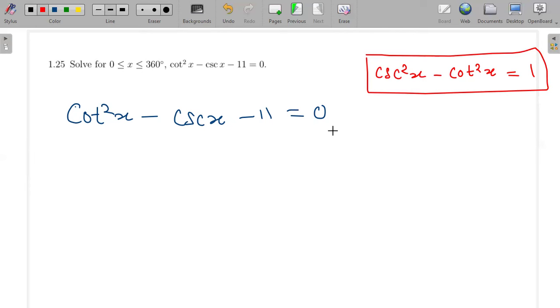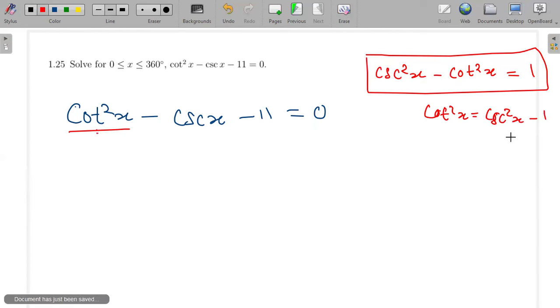So a very useful identity. So it means here I can turn this cot into a cosec. So if I make cot squared x the subject of the formula, it will just be equals to cosec squared x minus 1.